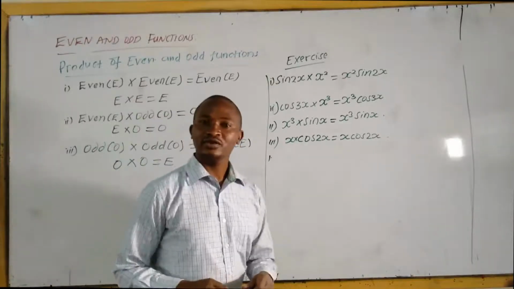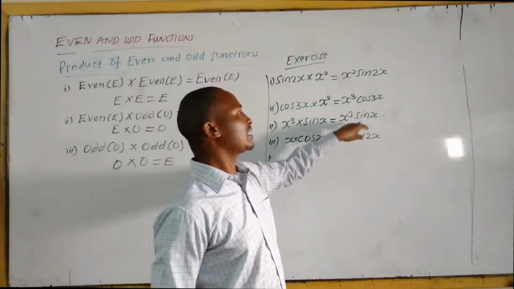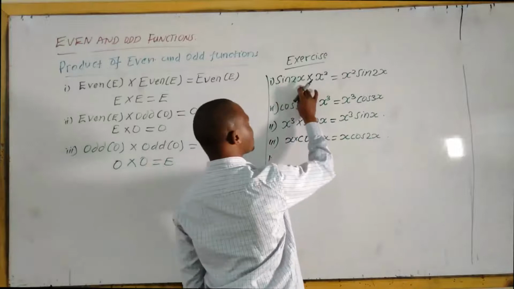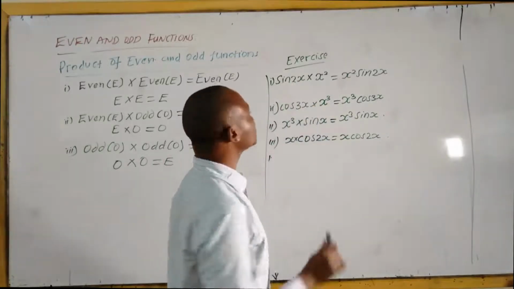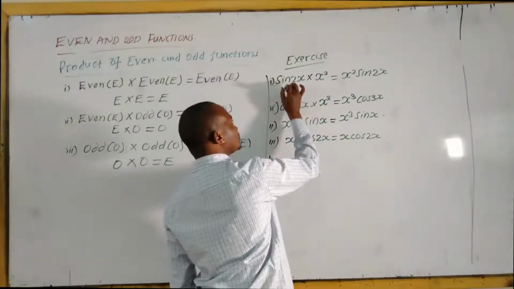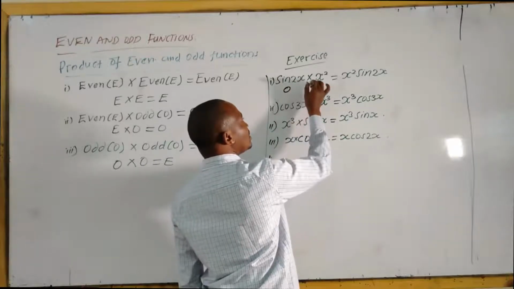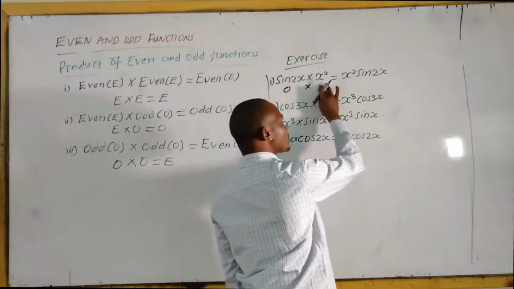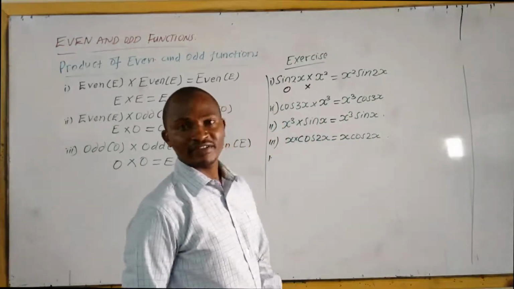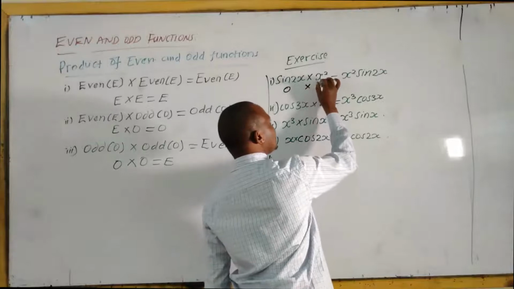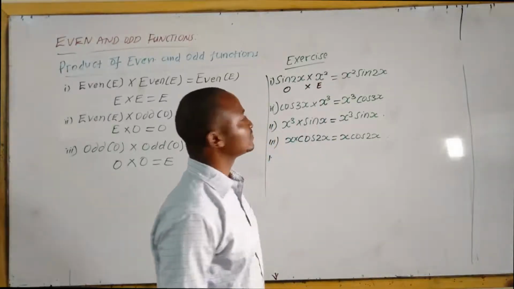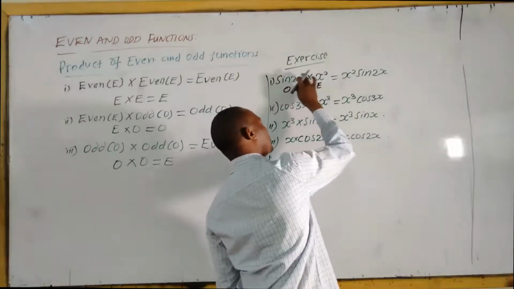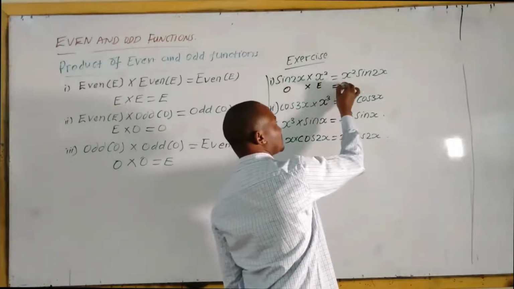So let us determine whether the products are even or odd. Sin 2x, sin is an odd function. X squared is an even function. So we expect the product of an odd function and an even function to give us what?